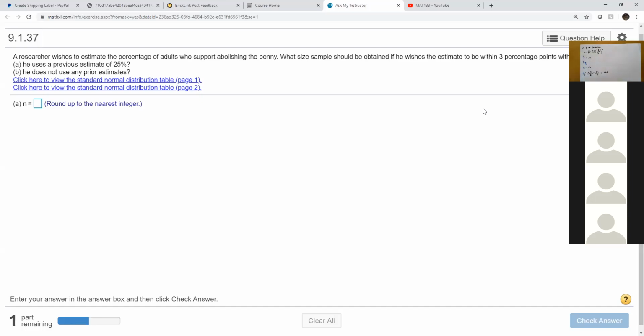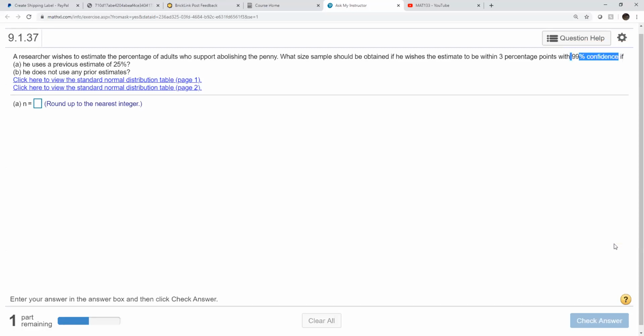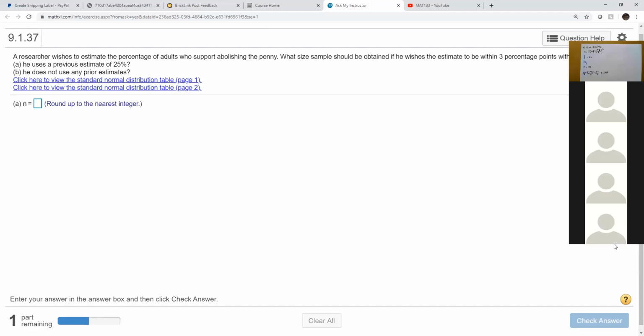Gotcha. Let me make sure I've muted everyone. Okay, there, I muted everyone. So you all are muted. You'll have to unmute yourself if you need to ask me a question.